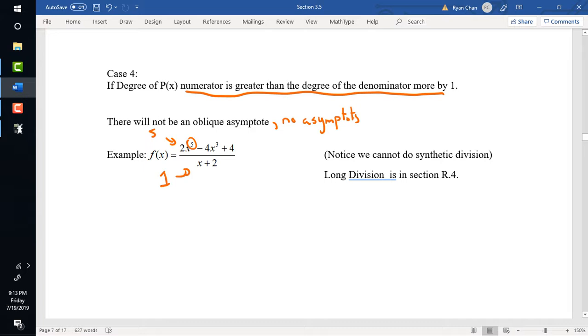If you have a degree on top that's the same as the highest degree on the bottom, then you'll have y equals a constant. So remember, what you do is you look at the numbers in front, and then you simplify that, or you can do long division and then go from there. If the degree of the numerator is greater than the degree of the denominator by just 1, you'll have an oblique asymptote. And if the degree of the numerator is greater than the degree of the denominator by more than 1, then you'll have no asymptotes at all.